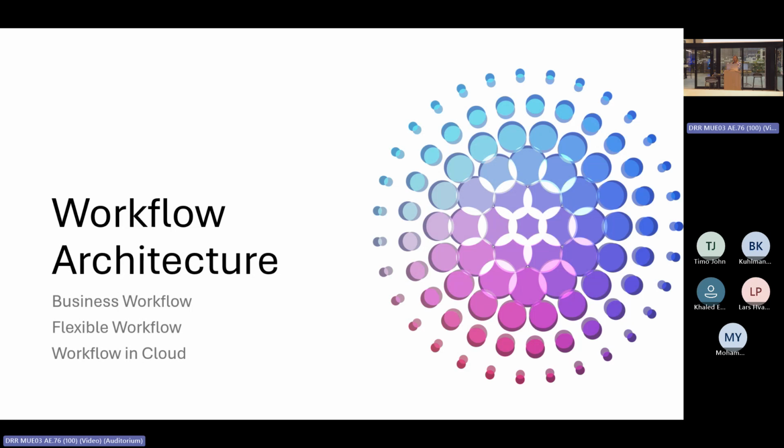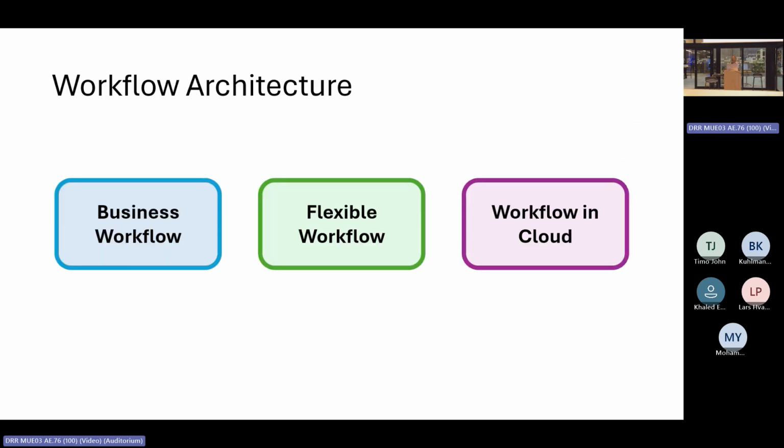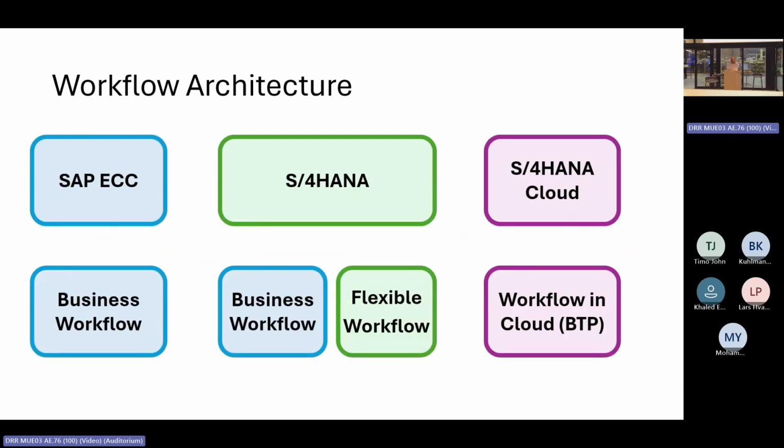Okay, workflow architecture: business workflow, flexible workflow, and workflow in cloud. So we have three types of workflow in SAP, and we will talk about flexible workflow. As we see here, if we have an SAP ECC system, it's only business workflow. If we have S4HANA Cloud, then we will use workflow in cloud, BTP, so business process automation. And in S4HANA, we actually have two options: business workflow or flexible workflow.